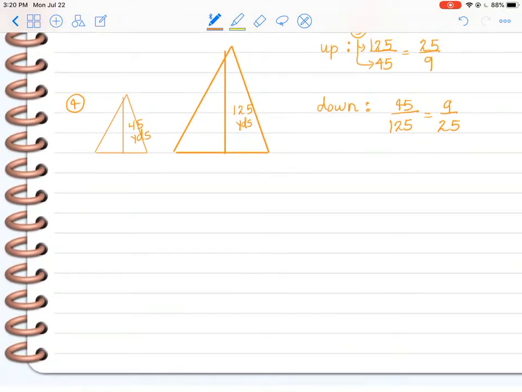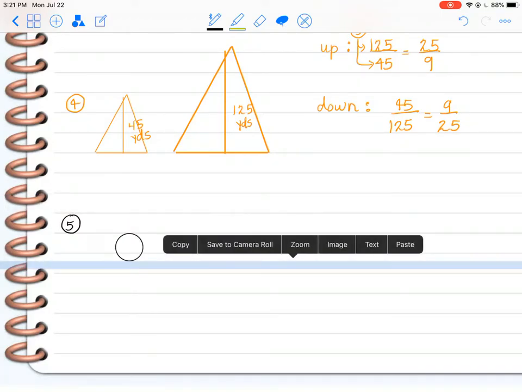And last but not least, we have diameters. So that one has to be a circle. That's the only thing that we could be dealing with here. And that's not a circle. Let me try. There we go. So we have this baby circle.